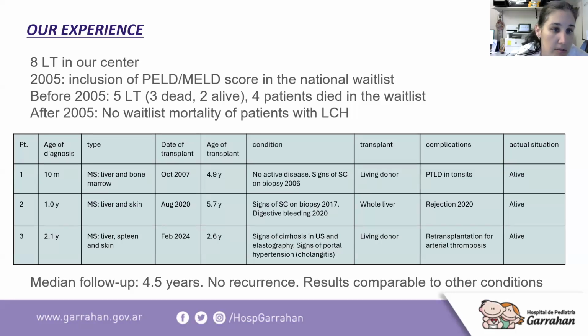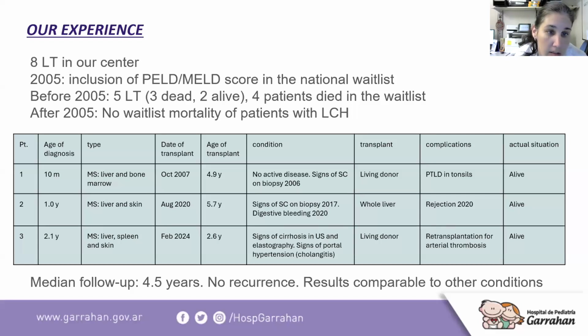After the change of era, after 2005, we had no mortality on the waiting list of this kind of patients, and we transplanted 3 patients. Those patients were transplanted in 2007, 2020, and 2024.